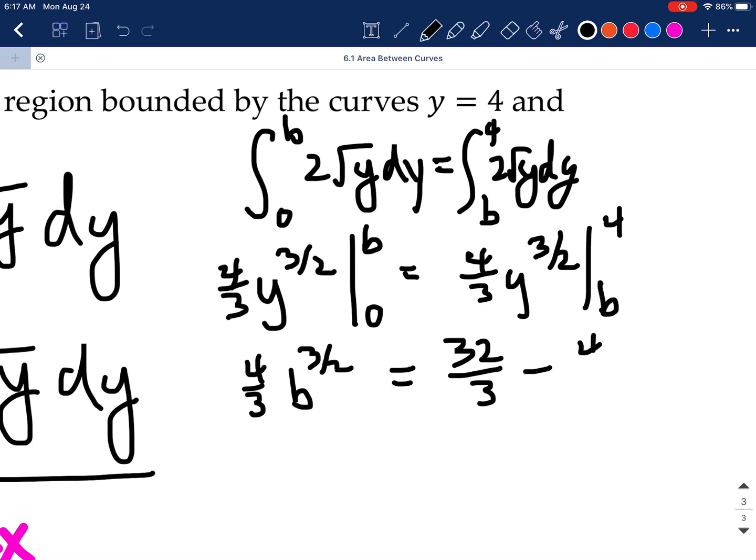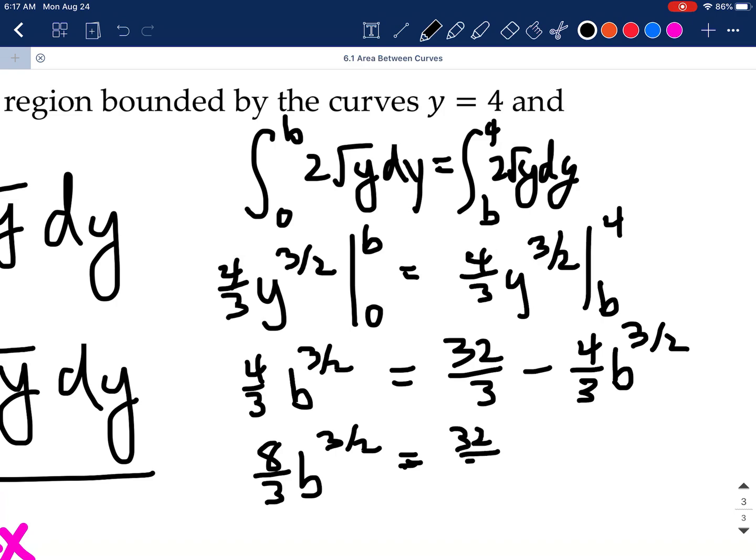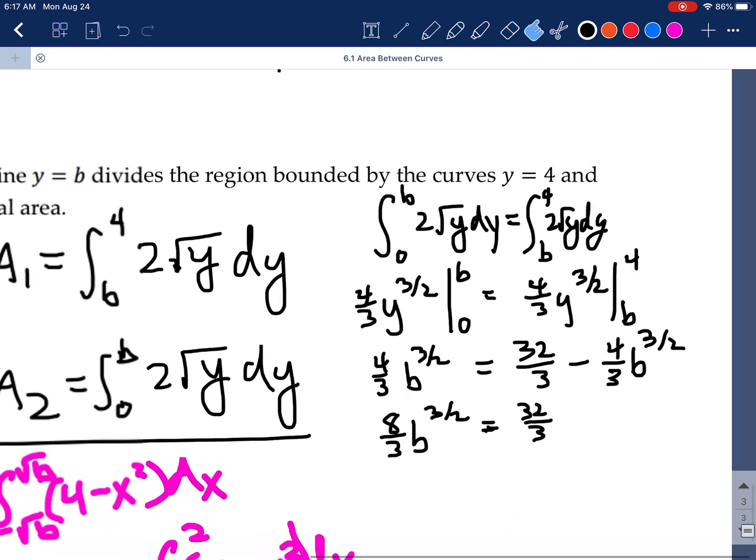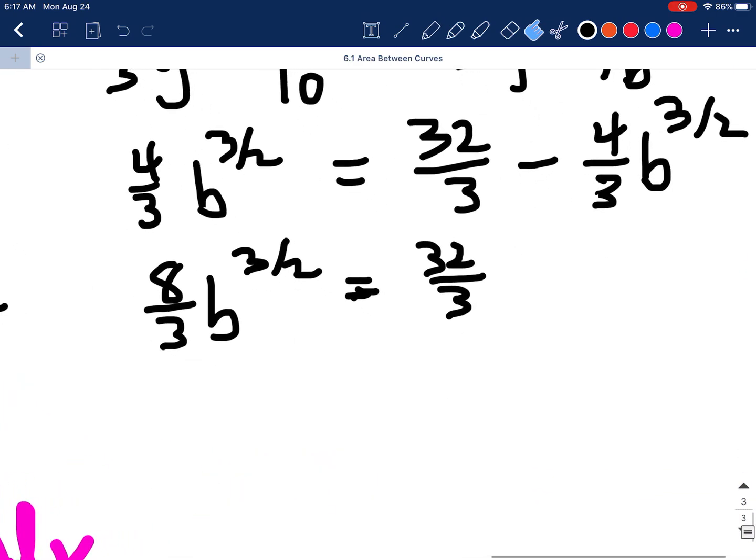And then it's going to be subtracting that same 4 over 3 b to the 3/2. So we could add that over. And we can multiply by the reciprocal here.